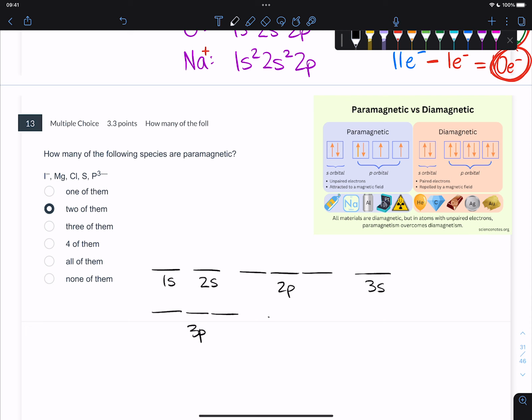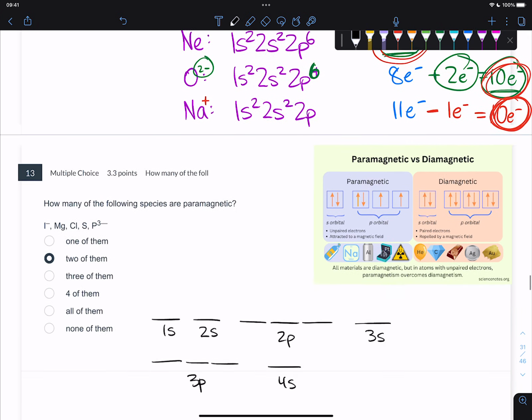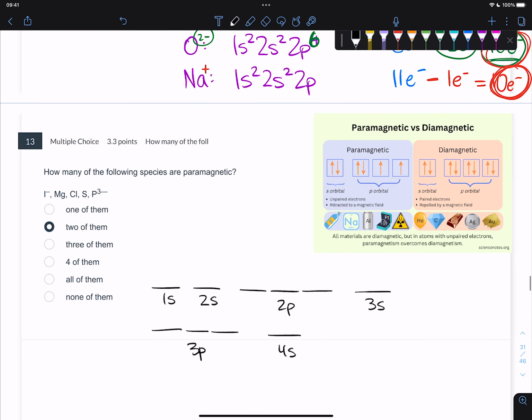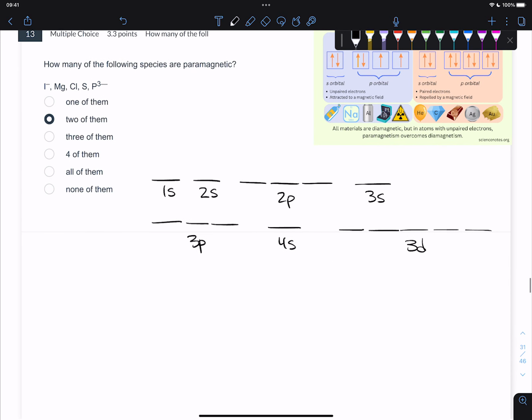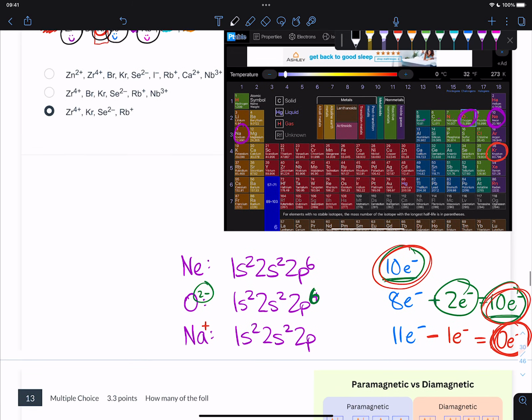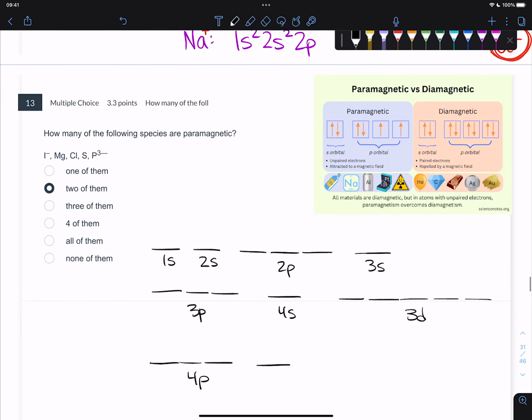3p, 4s. And I'll write this out. We can actually reuse it. After 4s, you get the d, so it's 1, 2, 3, 4, 5. And then you get p again. I'm going to do our 4p's right here. And then we have 2, 3, 4, 5s.